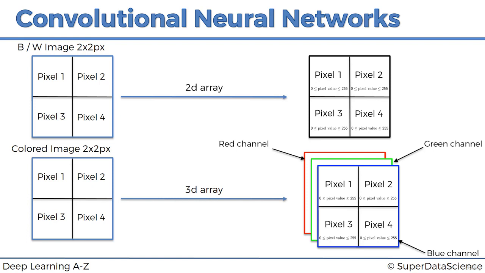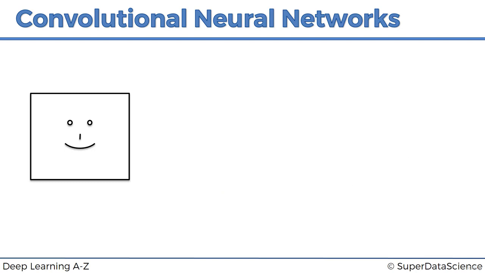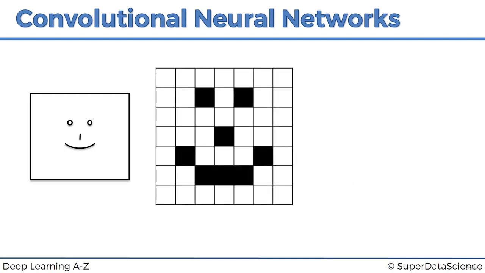And finally, let's have a look at a very trivial example of a smiling face in computer terms. If we just really simplify things, instead of having values from 0 to 255, just so that we can understand things better and really grasp the concepts, we're going to say 0 is white, 1 is black, right?